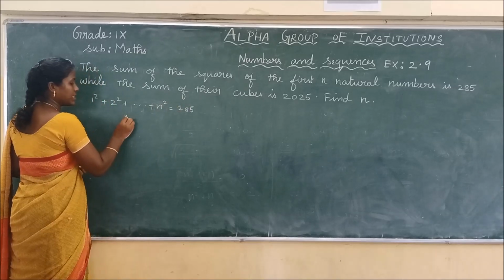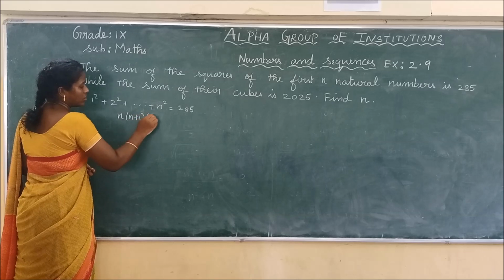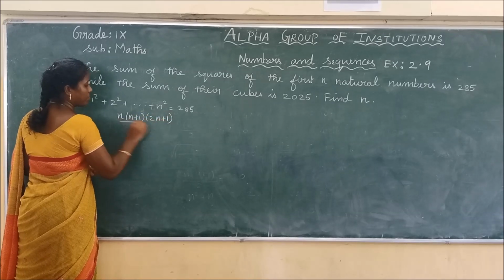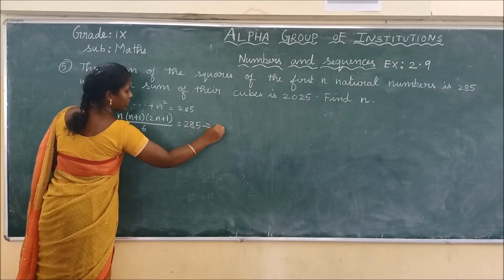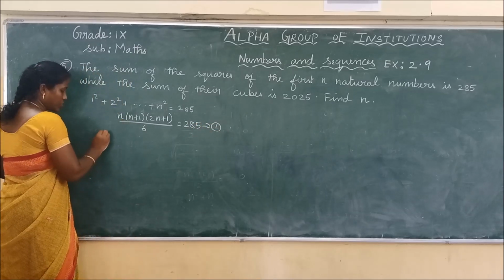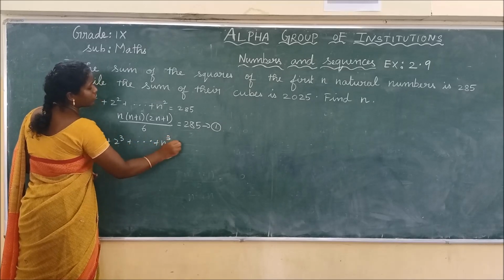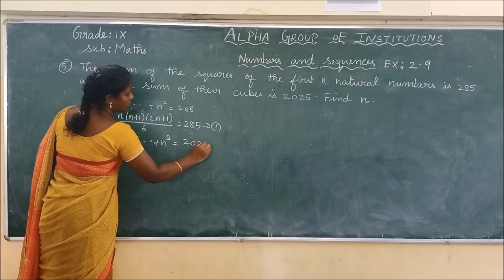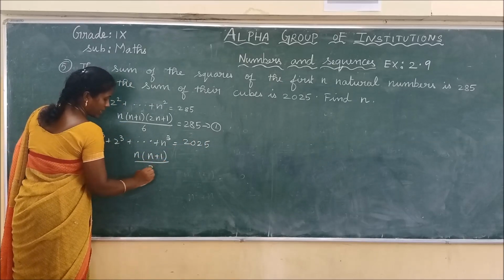How to rewrite this: n into n plus 1, 2n plus 1 by 6 is equal to 285. Make this equation 1. The second condition is 1 cube plus 2 cubes plus and so on plus n cubes, the cubes of natural numbers, is equal to 2025. That can be written as n into n plus 1 by 2.